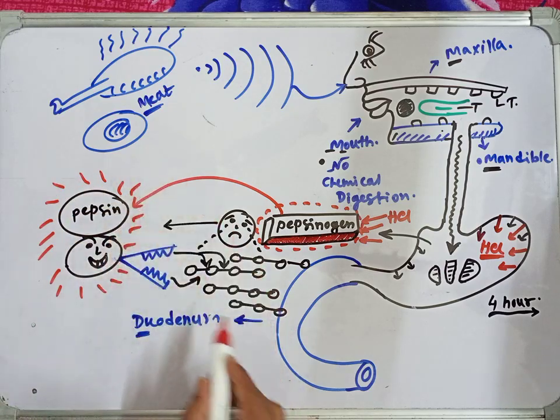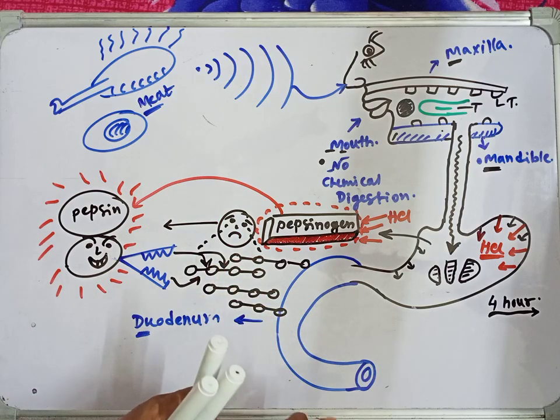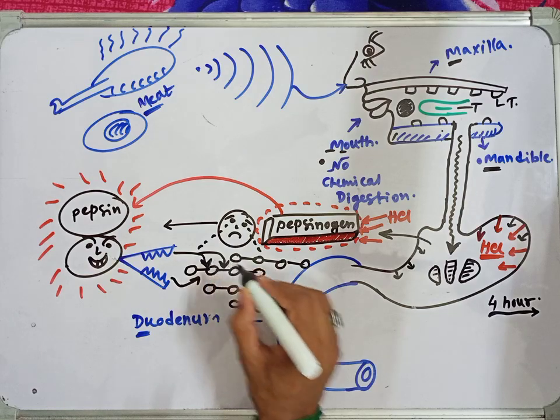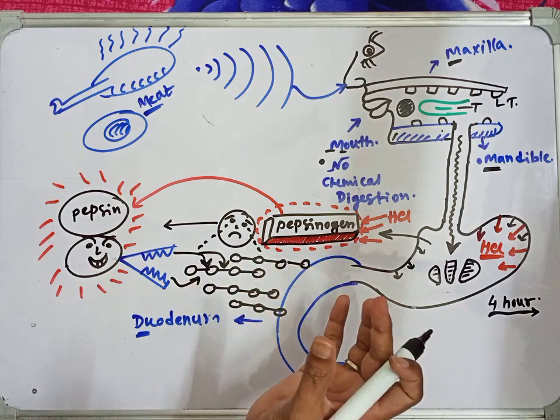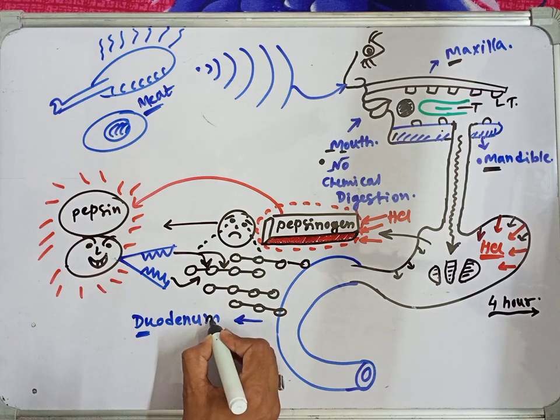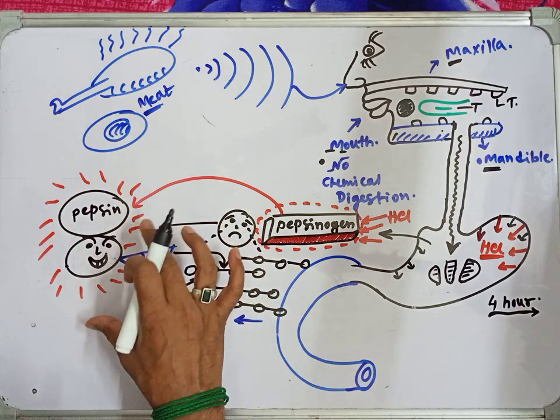This pepsin can digest the protein further into small pieces called polypeptides, right? That is the function of pepsin.